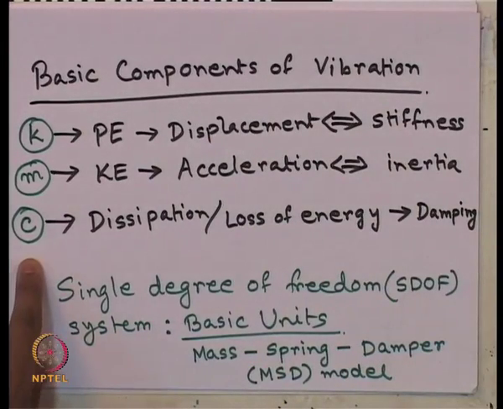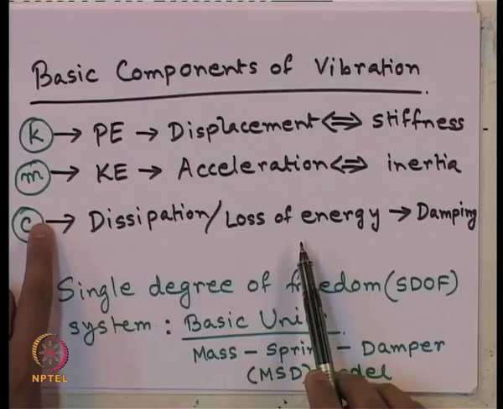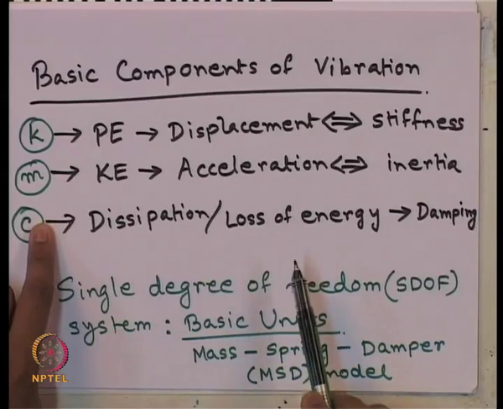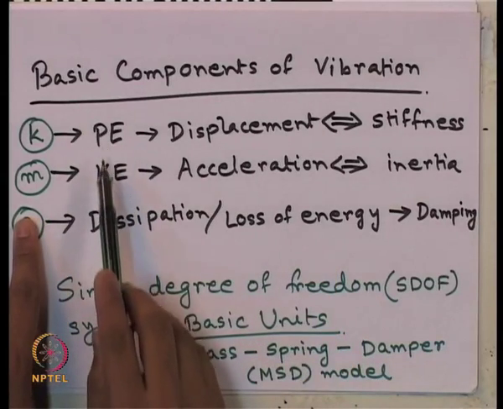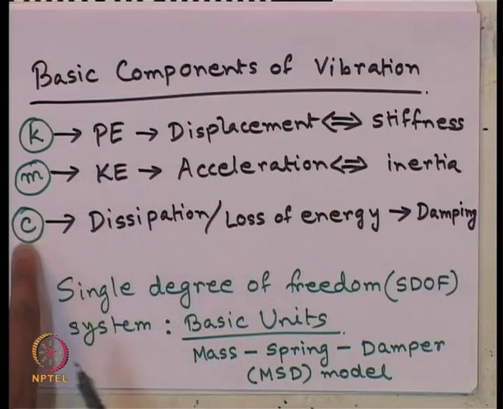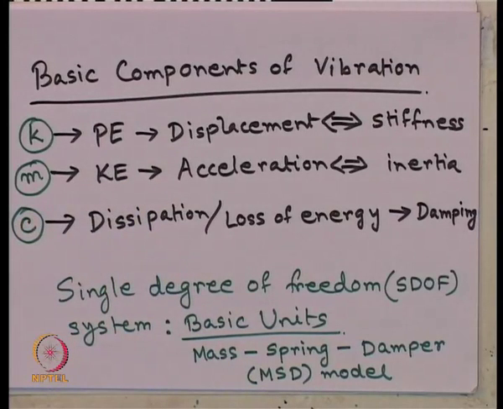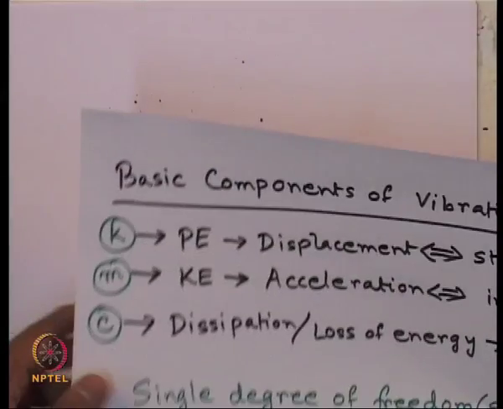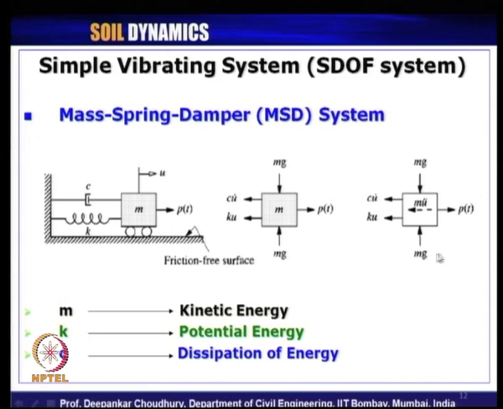The dissipation is actually optional, it may be present or not, whether there is any loss of energy or not, but potential energy and kinetic energy are essential in this simple vibrating system.